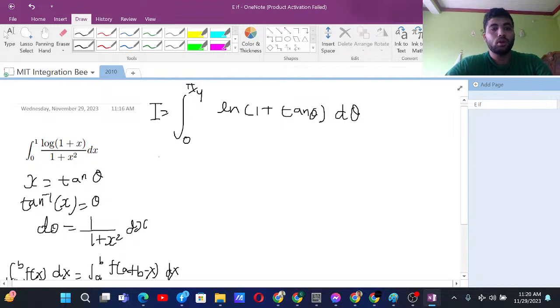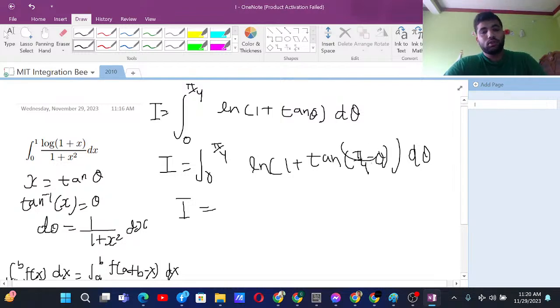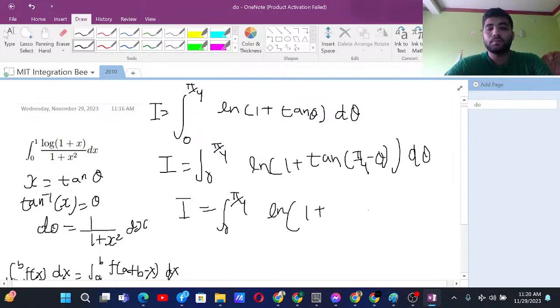Now we have I equals the integral from 0 to pi by 4 of ln of 1 plus tan of pi by 4 minus theta d theta. Now we can use the property of tan a minus b to expand that. So we will have ln of 1 plus (tan a minus tan b) by (1 plus tan a tan b) d theta.